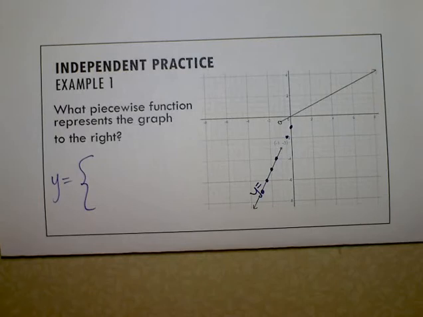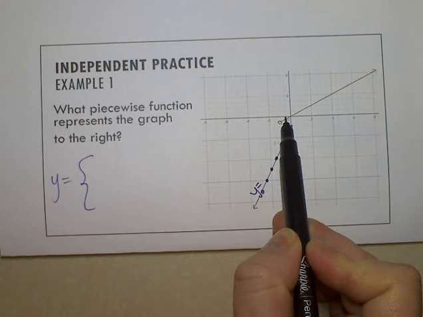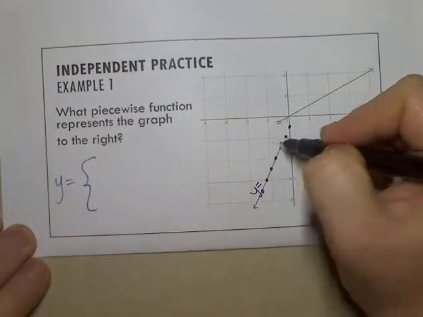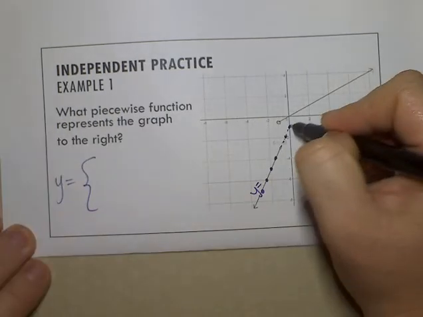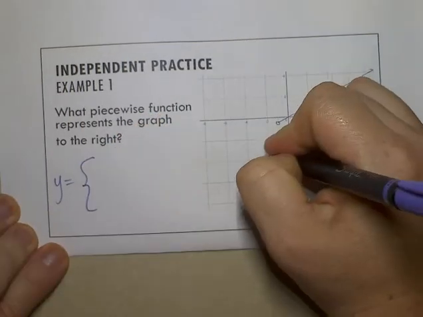If you were going to extend that same line, where would it hit the y-axis? At what value? Anyone? Most people want to say -2, but these are actually going by increments of 0.5, so it would actually run into it at -1. So I'm going to write down here -1.